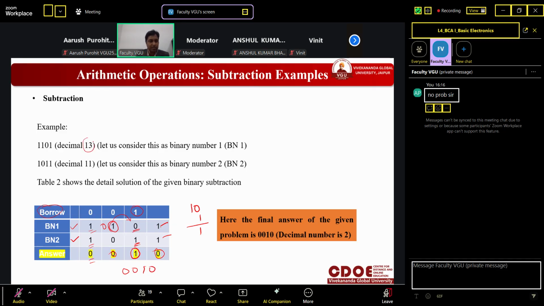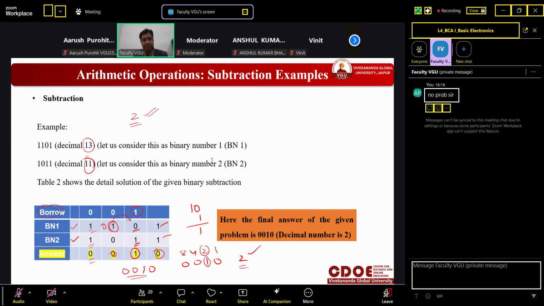So these are the same numbers that we have used in arithmetic addition. So 13 minus 11 is 2 in decimal, and this is 0 0 1 0, with 8 4 2 1 below. So this is actually showing 2. So both are the same. This is 2. This is also 2. So it is also verified.